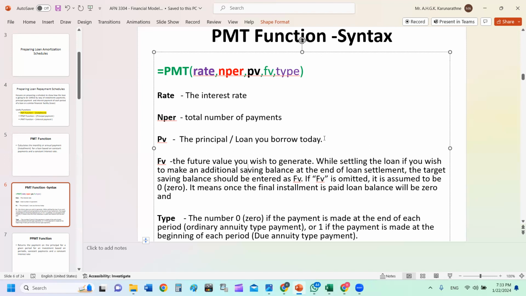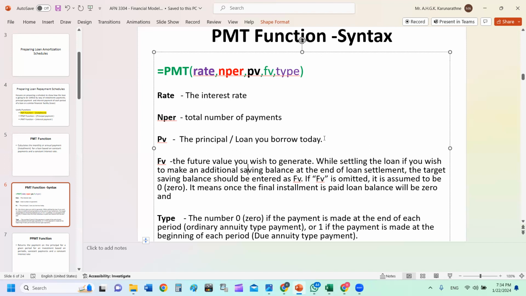You borrow a loan, and with the ordinary usual repayment without interruption, you are going to repay it. So end of the loan period, your loan becomes zero. There is no other expectation. But Lamai, sometimes it is possible you borrow a 5 million loan today, and you are going to make a loan installment payment during the loan period.